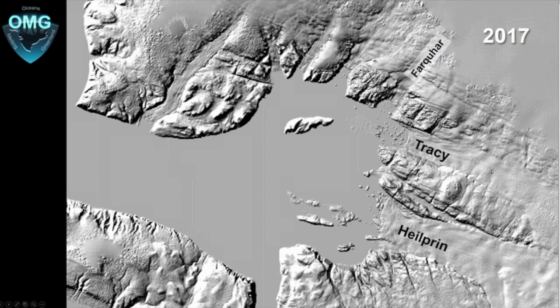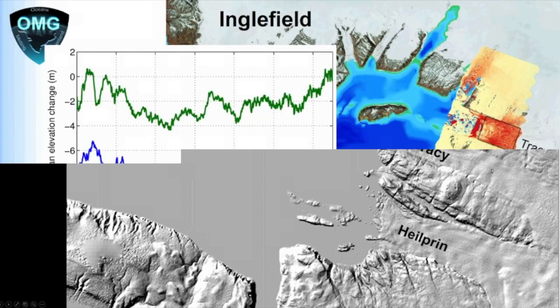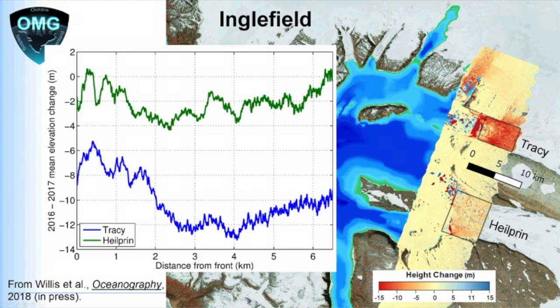And what's interesting is if we quantify this by looking at the actual difference between the 2 years, you can see that Tracy is actually thinning very rapidly, by about 10 or 12 meters, and has receded. While Helprin is thinning, it's only thinned by a meter or two in the same time period.